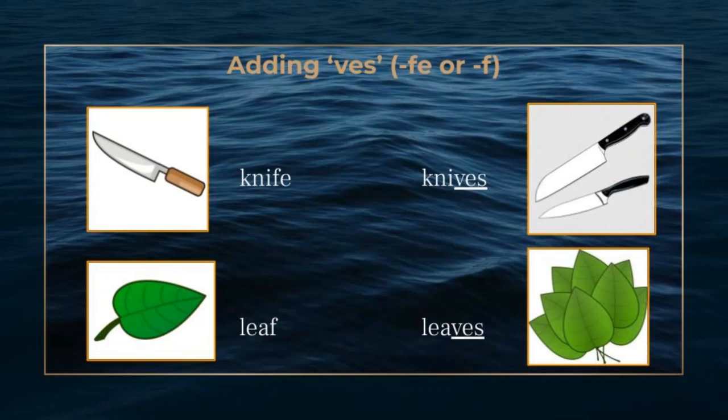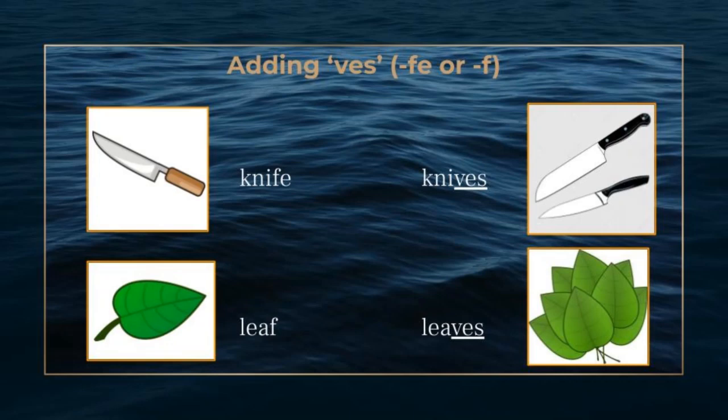The letter K is silent. It is a singular noun. The word knife ends with FE. If a singular noun ends in FE, we have to remove the last two letters and then add VES. So the plural form of knife is knives.